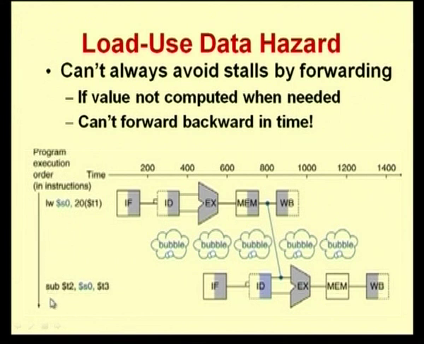If in between load and sub there was some other instruction, not dependent on this load, then that could have executed in the in-between clock cycle without causing any stall, and by the time the sub came in for execution, with this forwarding path in place, we would have gone ahead without any stalls.